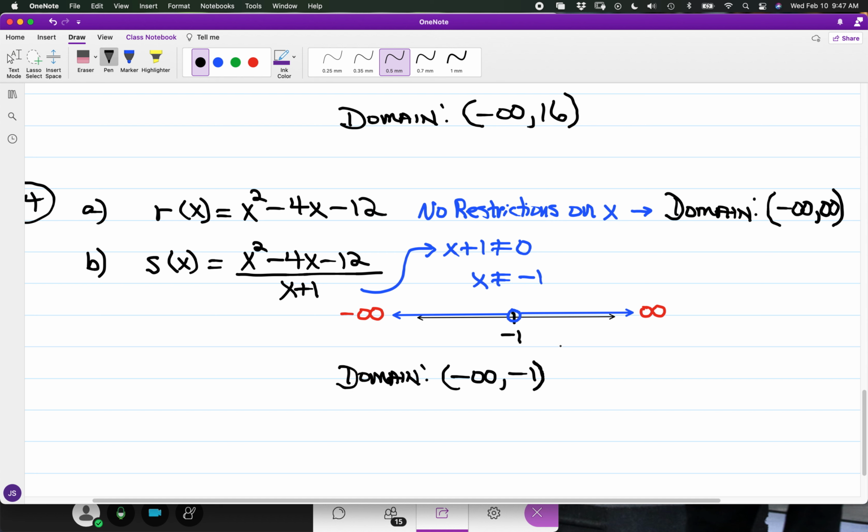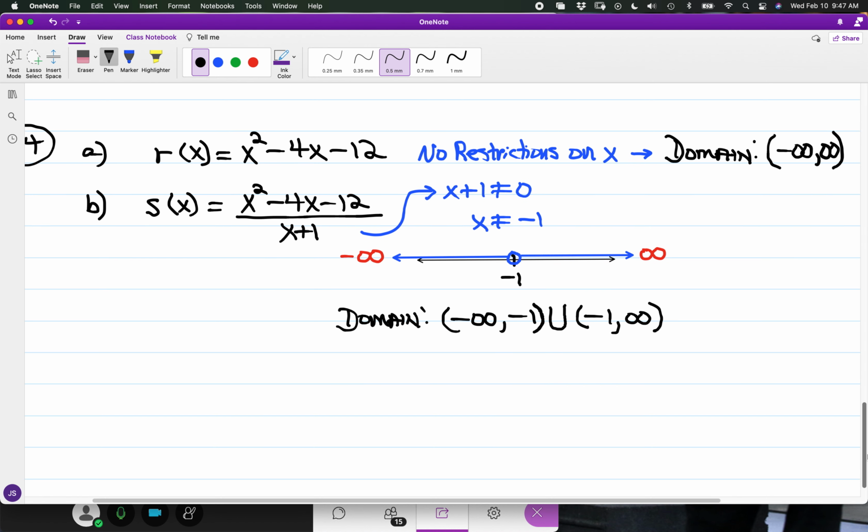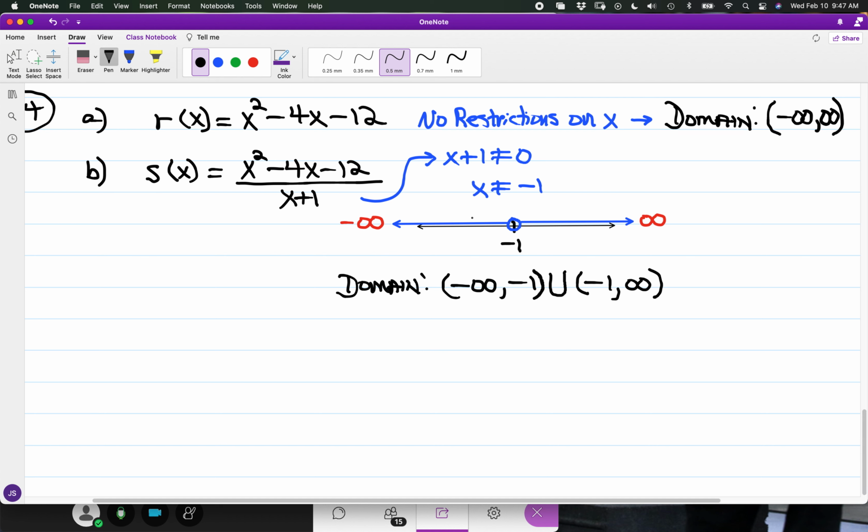And you have in union with those values of x that will be greater than negative 1, indicated by the ray going out to the right. In symbolic interval notation, we have parentheses around negative 1 and positive infinity. So the domain of s of x will consist of two subinterval sections: those values of x less than negative 1 and those values of x greater than negative 1.